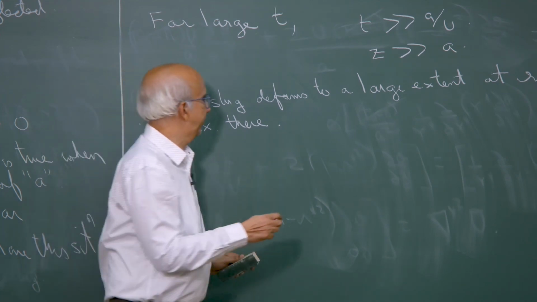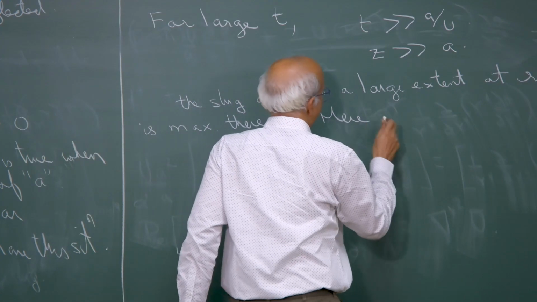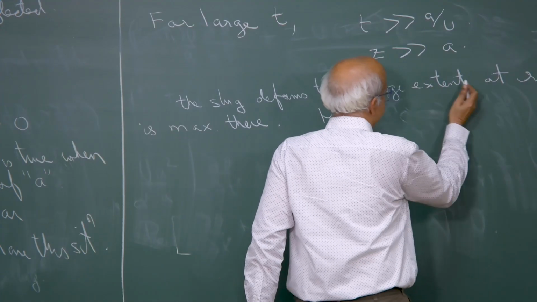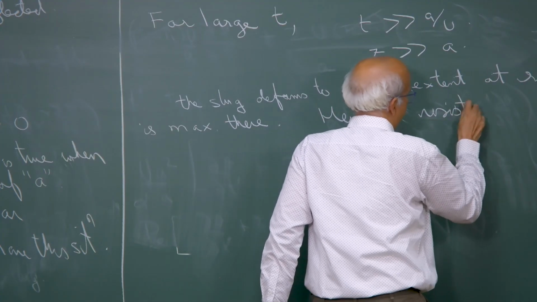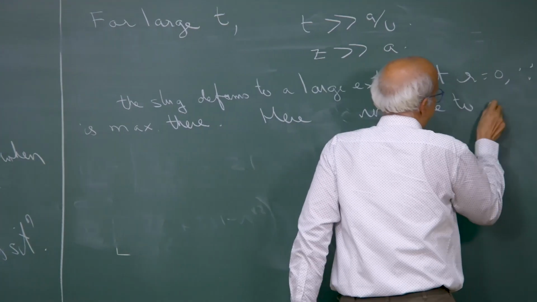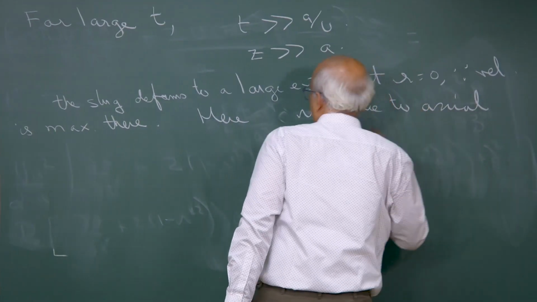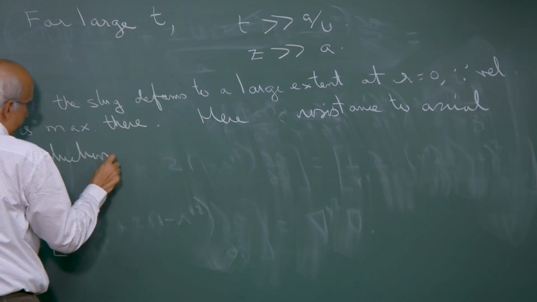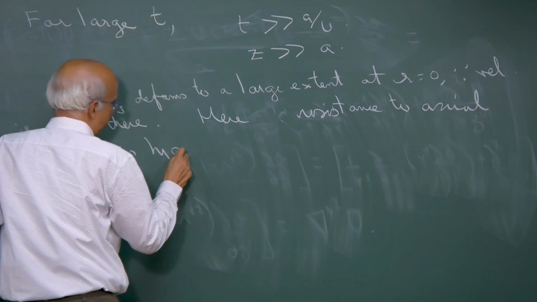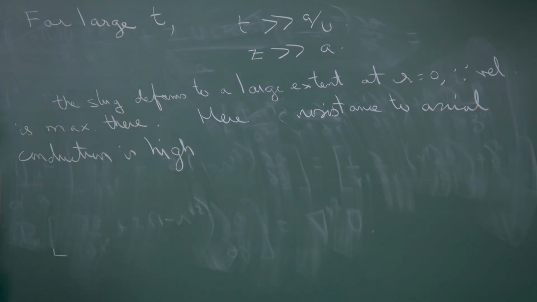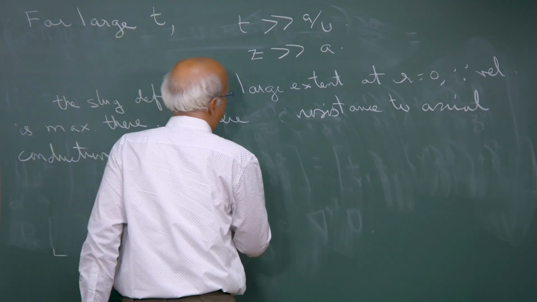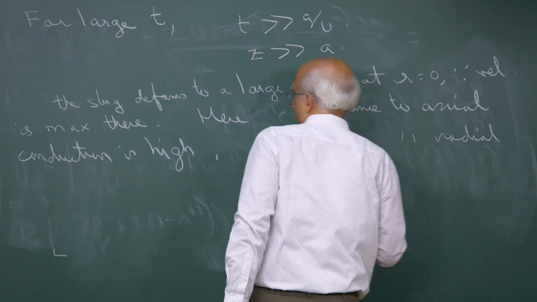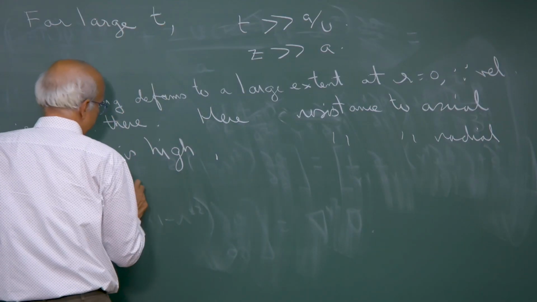So, here the resistance to axial conduction is high, and resistance to radial conduction is low.